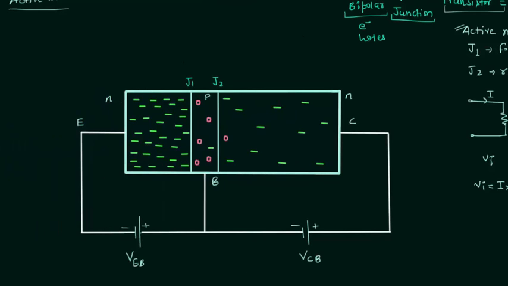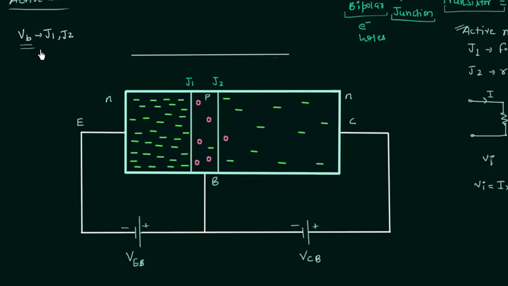Now we will analyze the movement of electrons and holes in this three-terminal device, and let's say VB is the barrier potential for junction J1 and junction J2 when the transistor terminals are open circuited, when there is no biasing potential in the transistor.